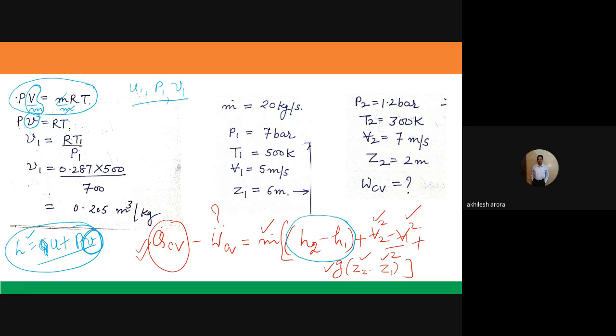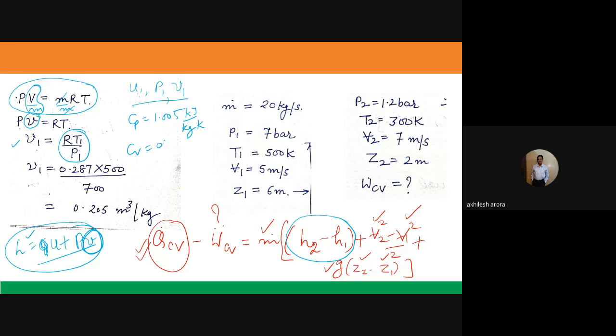So I can say that v1 is equal to RT1 by p1. Now for air, I have already told you, you should remember the values of Cp, Cv and R. So Cp is equal to 1.005 kilojoule per kg Kelvin.